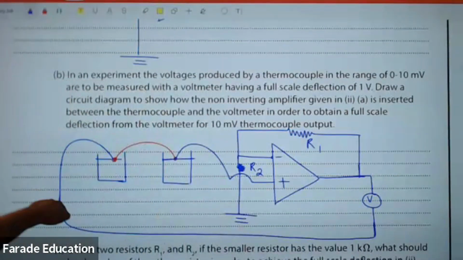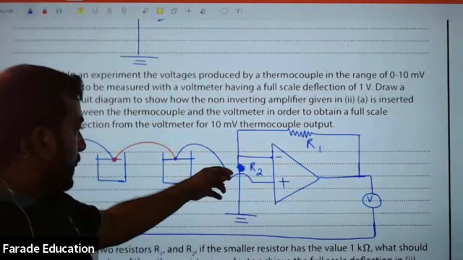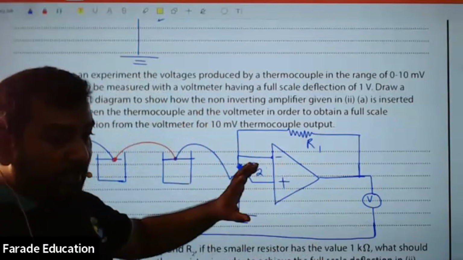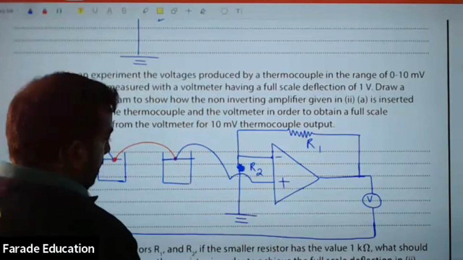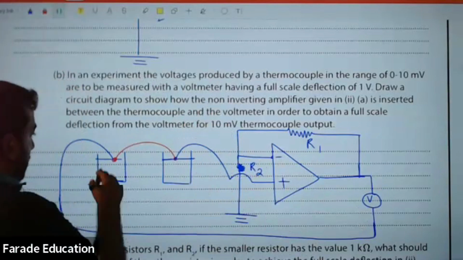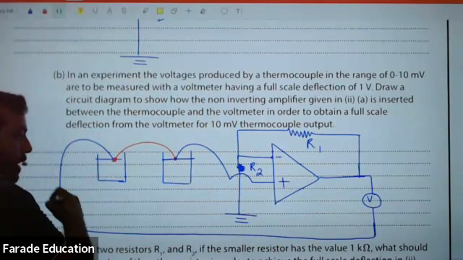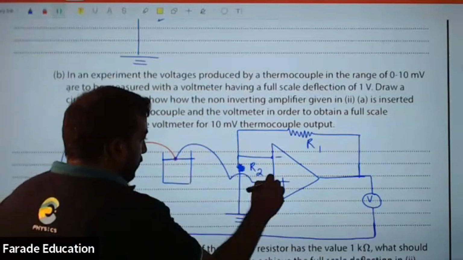One terminal goes to the negative part of the voltmeter, and the positive part of the voltmeter is here, which is the amplified signal. If you want to ground it, no issue. Normally I prefer to ground it, because grounding the whole setup is easy.